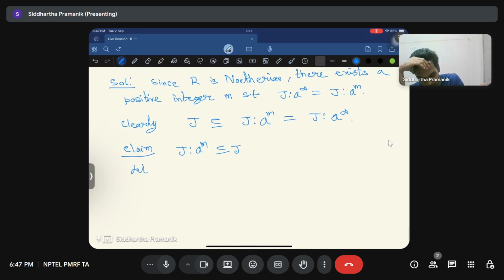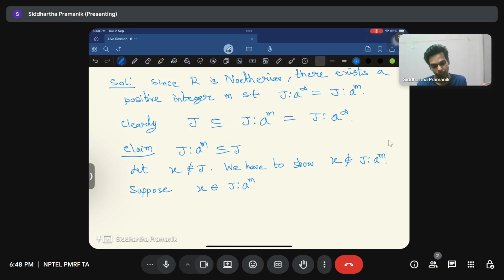So let x be not in J, then we have to show x is not in J colon a power m. Now for contradiction, suppose x is in J colon a power m. Now what does that mean?